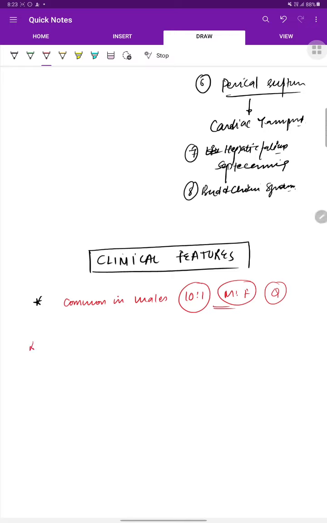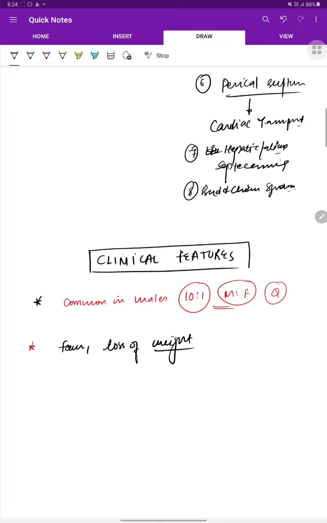The presentation, as you all know, of an inflammation in the body is with fever, and as it is a chronic, long-standing disease, loss of weight.